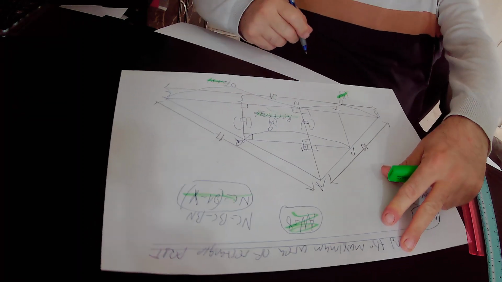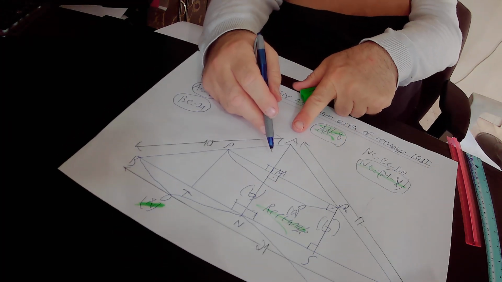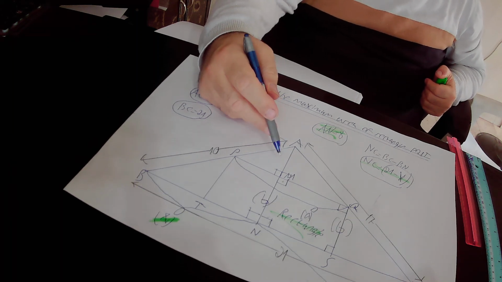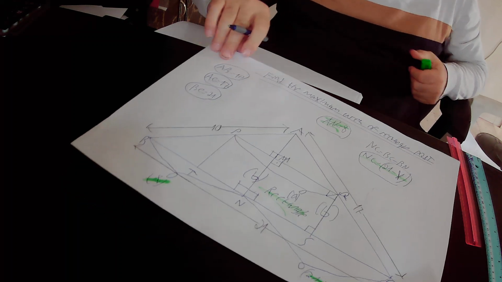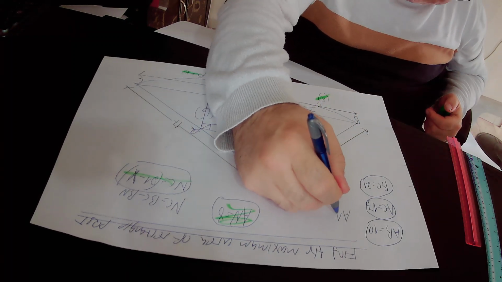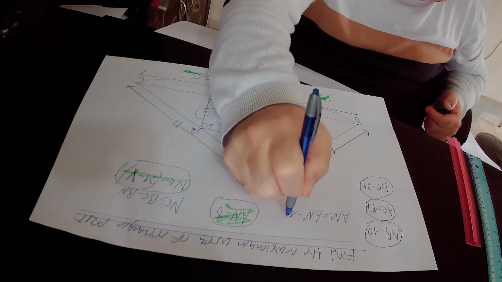What is the length of this line segment, AM? From the drawing, it is very easy to see that AM equals AN minus MN. Again, AM equals AN minus MN. So I write it down. AM equals AN minus MN.